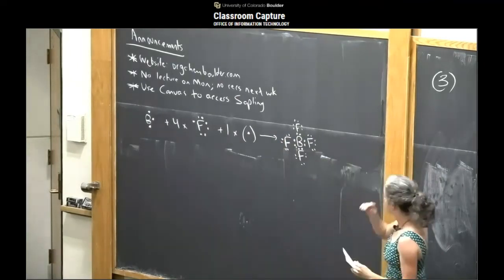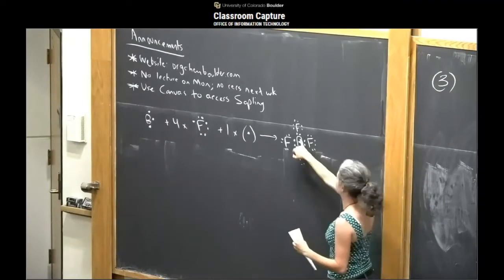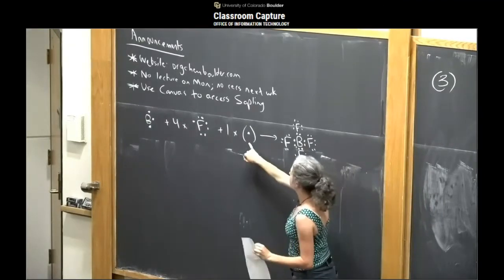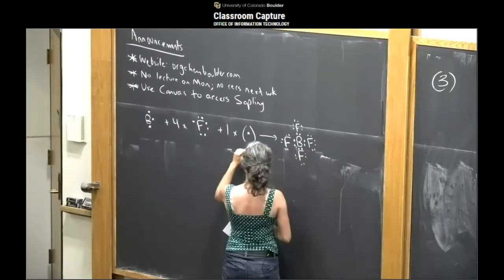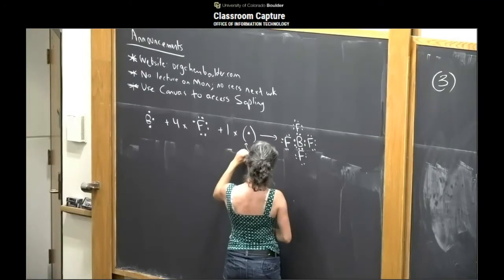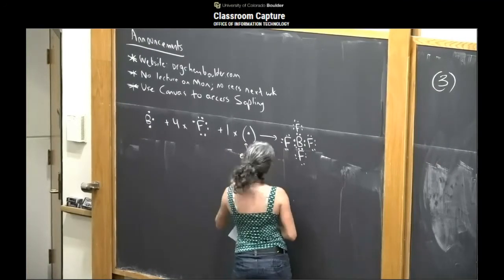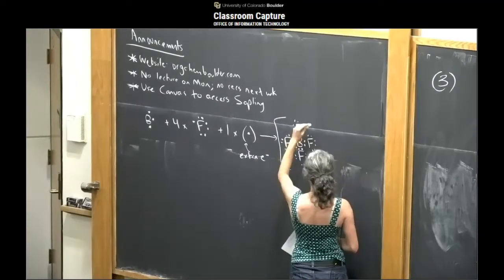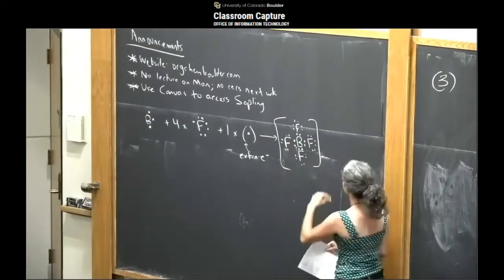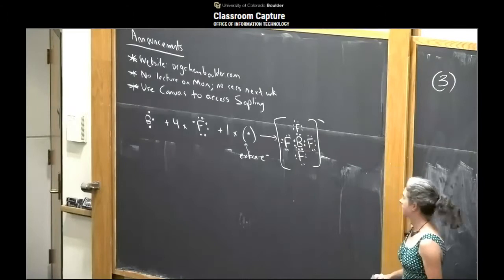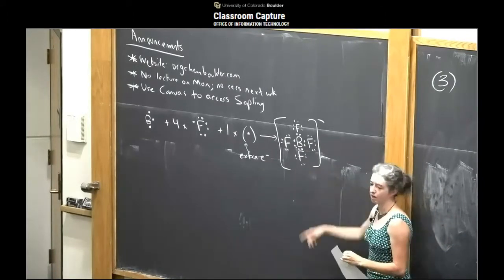We ended up with this whole thing, but because we have an extra electron on there, that tells us that we have an overall -1 charge. So we put a minus charge on the outside of the square brackets around the whole thing.